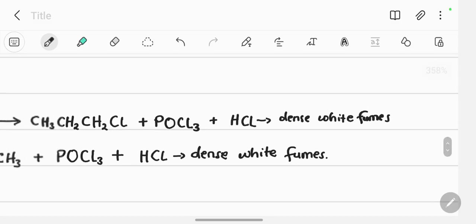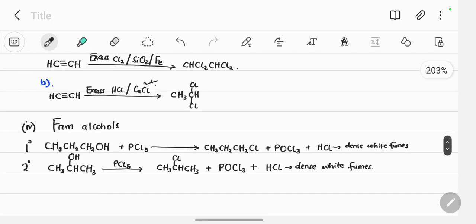So when they ask for what was observed, you'll always know that it's HCl that is observed there.